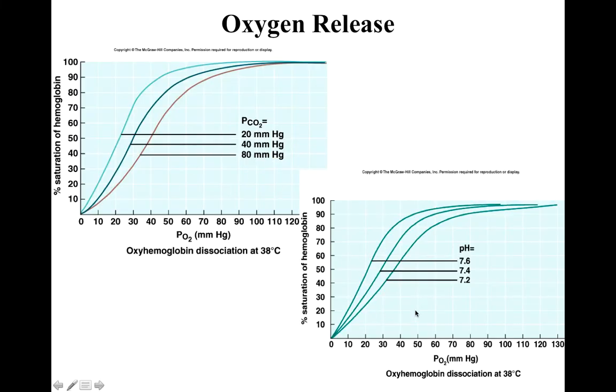All right. The purpose of these graphs is to talk about when and where oxygen is released. So the y-axis is percent saturation of hemoglobin, x-axis is the partial pressure of oxygen.